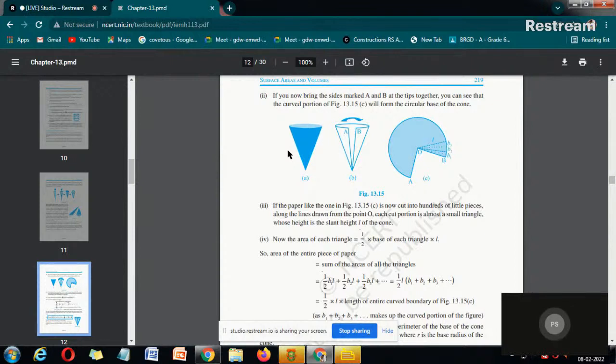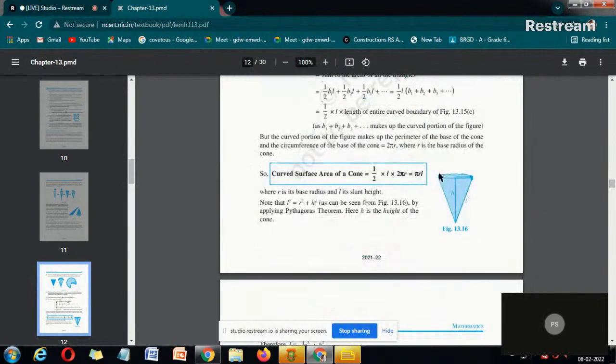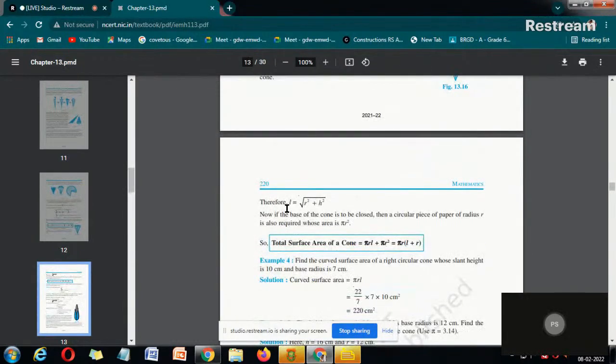To find l, that is the slant height, we have to do root of r square plus h square. This is the formula for the curved surface area of a cone. To find the slant height, l equals root of r square plus h square.